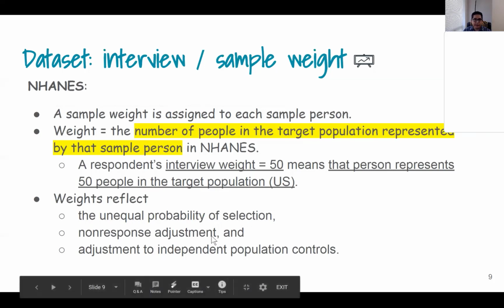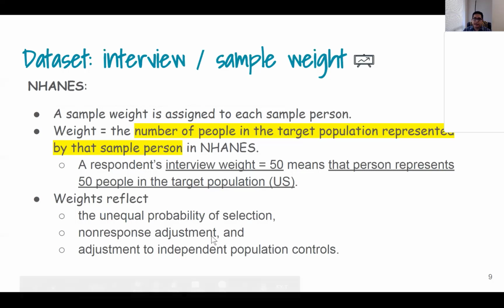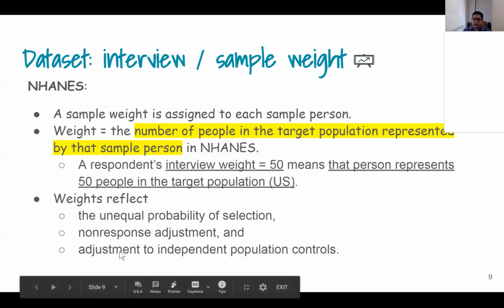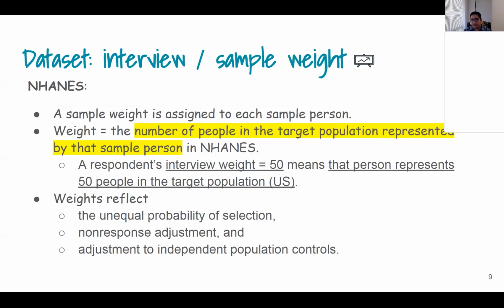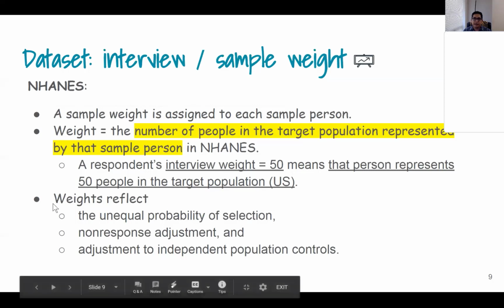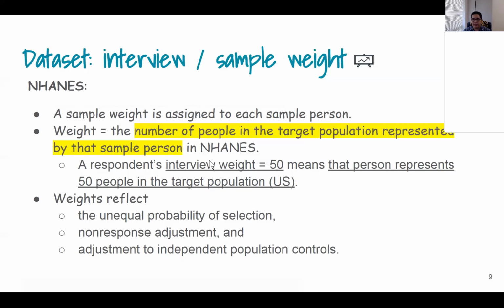Just because you send an interviewer does not mean that you will get that respondent. And also adjustment to independent population controls. So there are some other additional components that go into the sample creation, and all of these concepts are used in the weight calculation so that you can properly represent how many people are being represented by this one respondent that is being selected in the population.